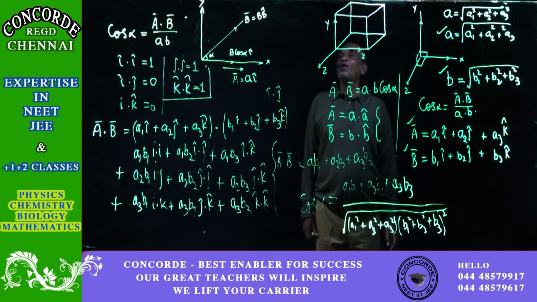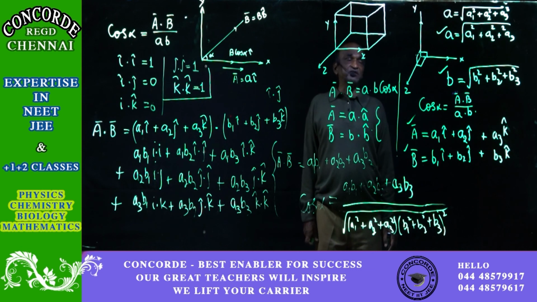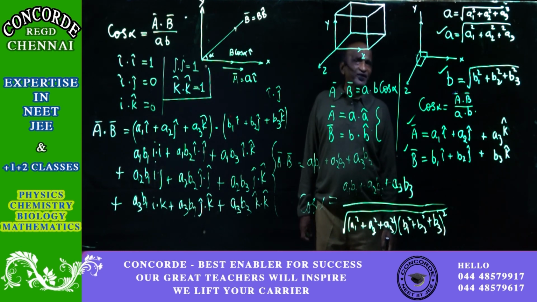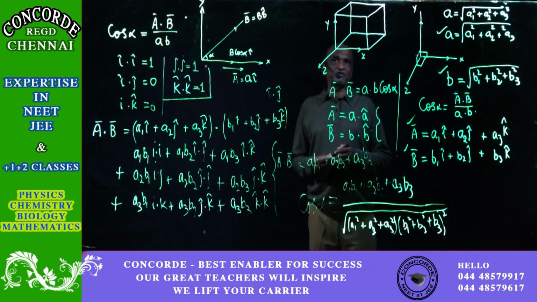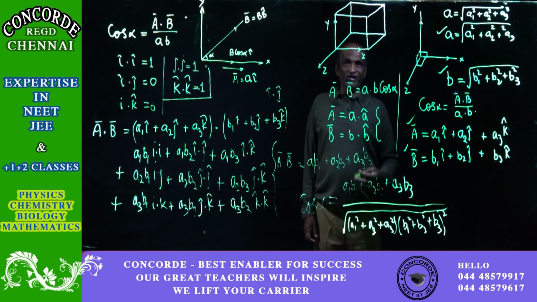One is the magnitude of A bar, that is value of A, another is that of B, and then A bar and B bar. So for all that, when you do the substitution, simplifying that, you will automatically get the result. You can find the value of cos alpha. In the same manner, finding the value of sin alpha is also not difficult.